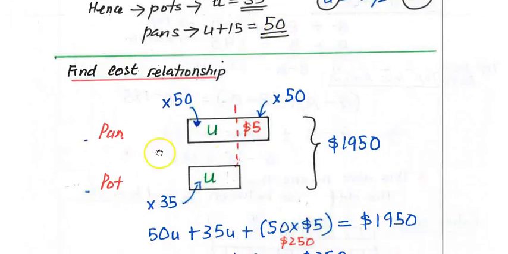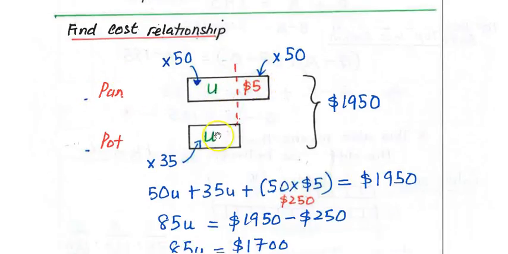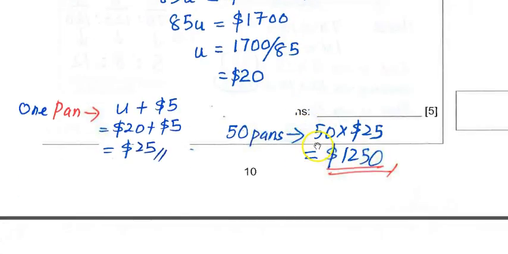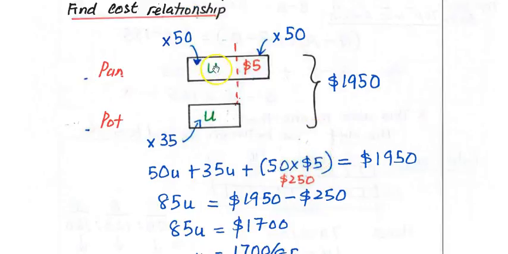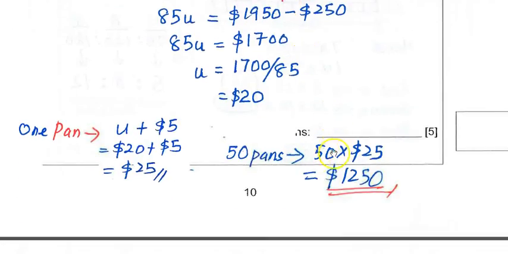Okay, now here, it means 50 times $20 plus 50 times $5, or 50 times $25 will give you the amount of money received for pans. Can you see? One pan is $25. How do you know? Here, 20 plus 5, $25 one pan. So if it's 50 pans, then it's 50 times $25, which is 1250.